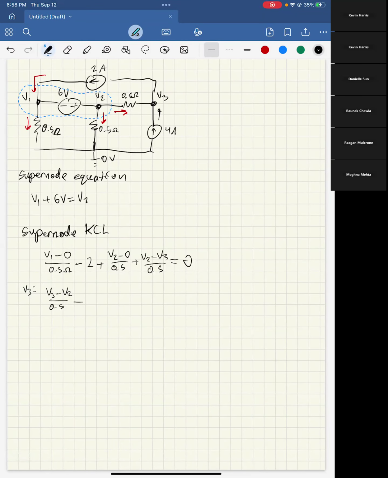Could you clarify why on V1 the current below is downwards and the given current for IX from V2 is downwards?